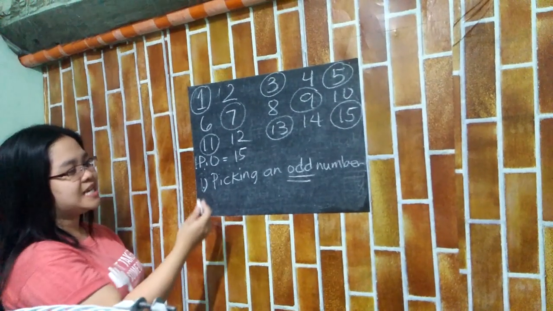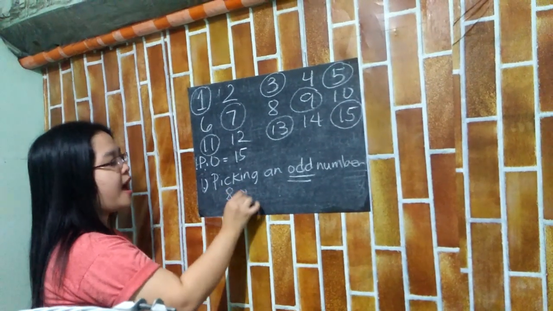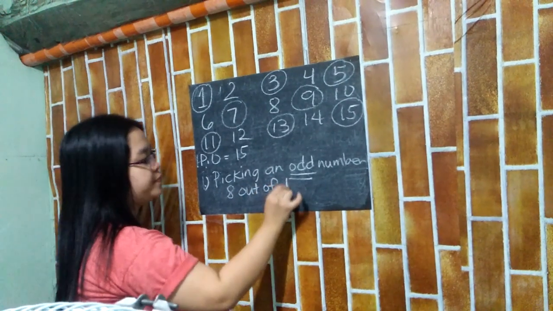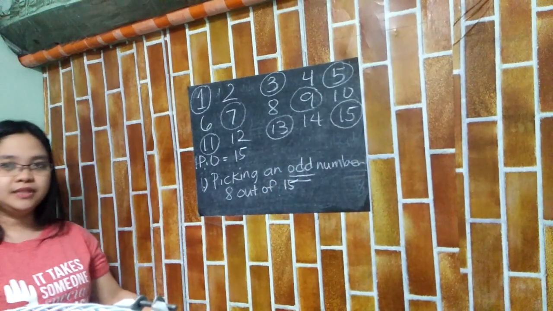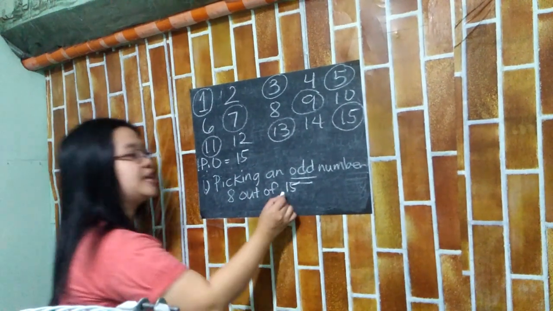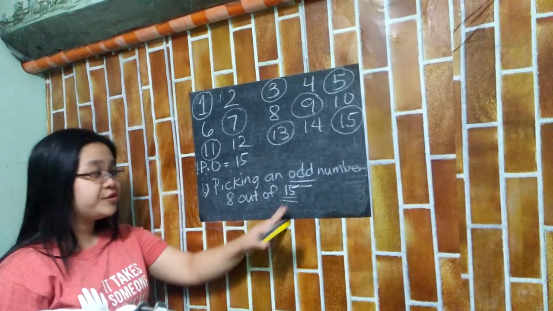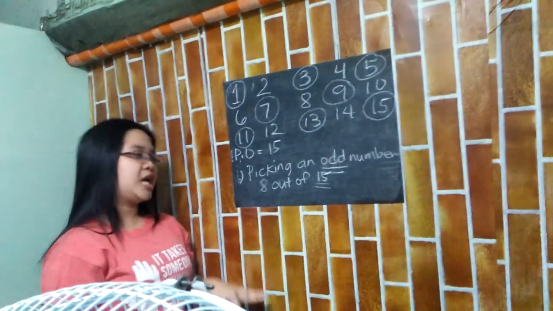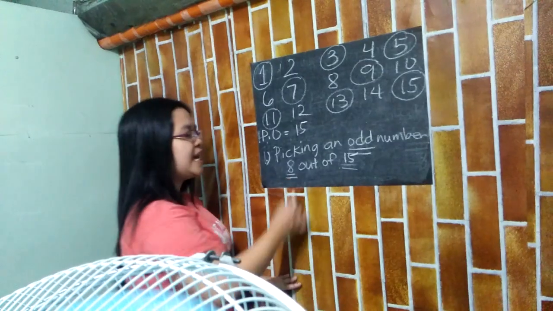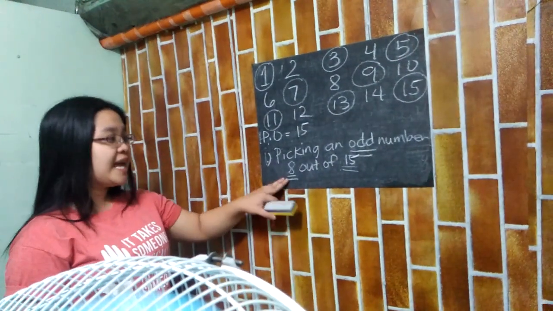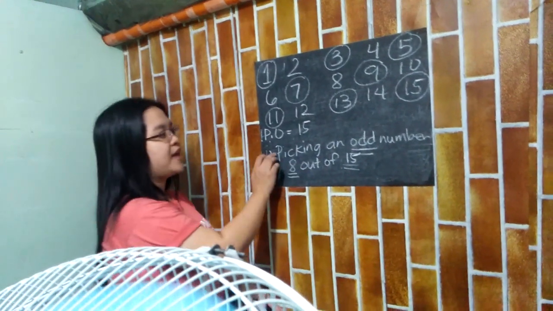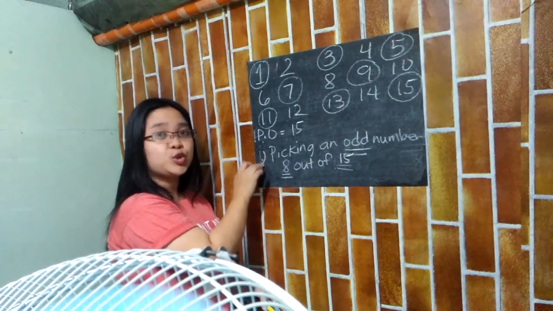So our chances is 8 out of 15. So how did I get that 15 first? This is given already because that's our possible outcome. So where did I get that 8? I get this based on the event given to you.